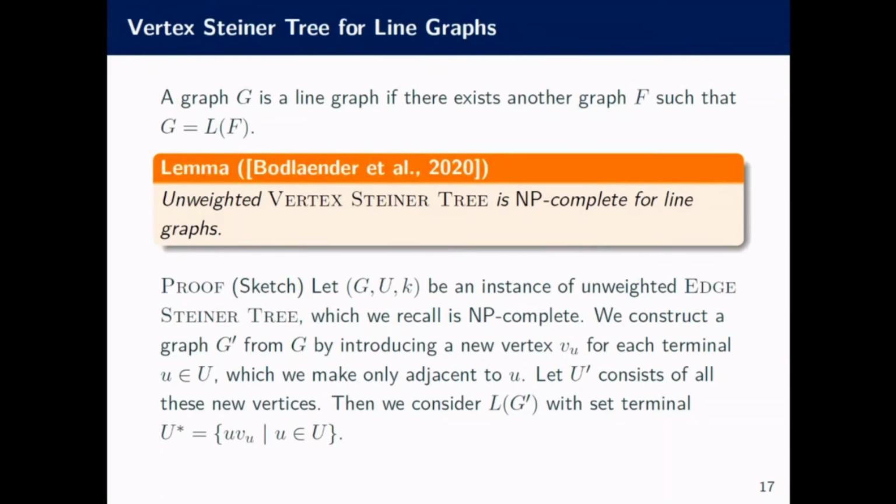So from G, we construct a graph G prime, introducing a new vertex for every terminal, for every element of U, that is adjacent to only that terminal, and then we consider the line graph L of G prime. While we do these steps, we also update accordingly the set of terminals.